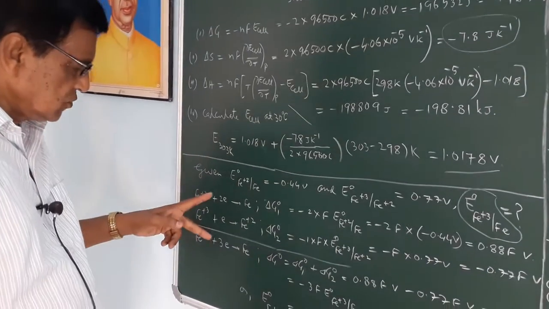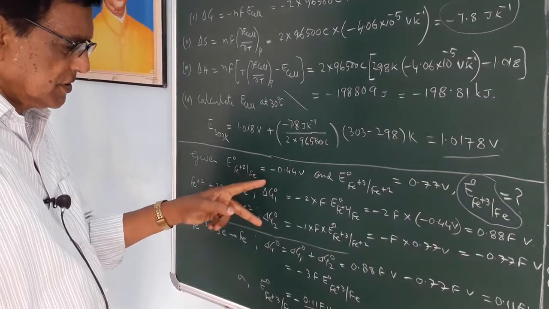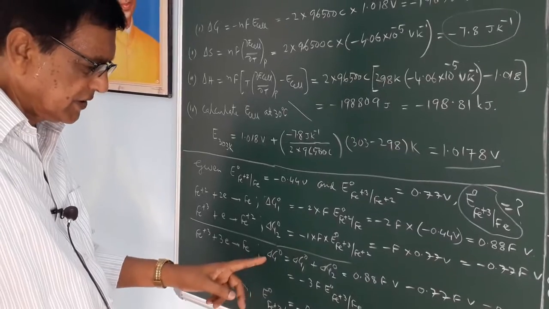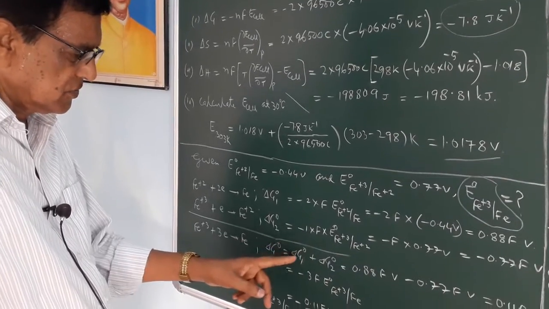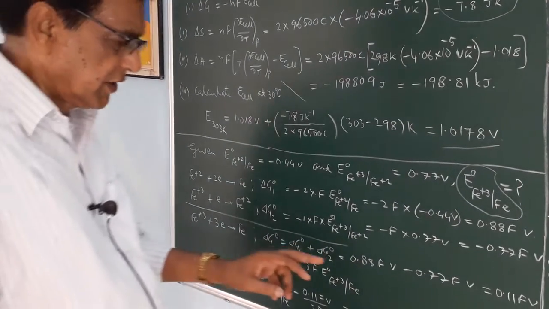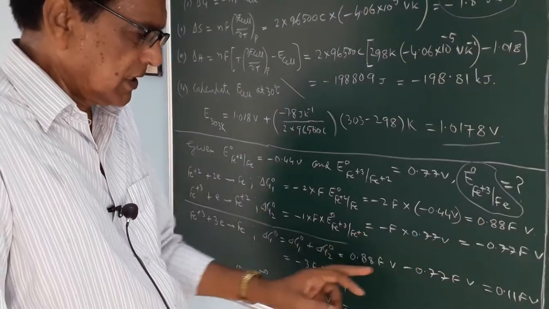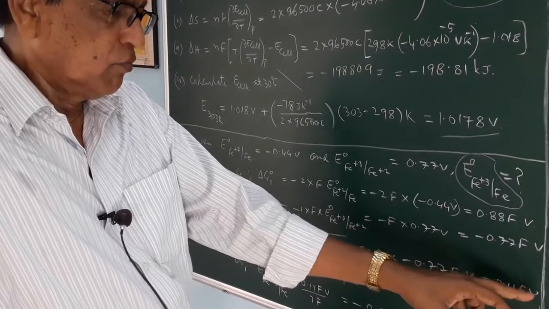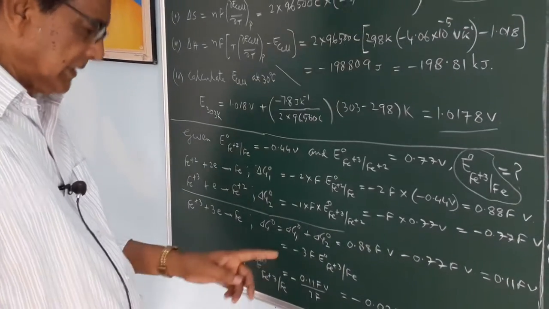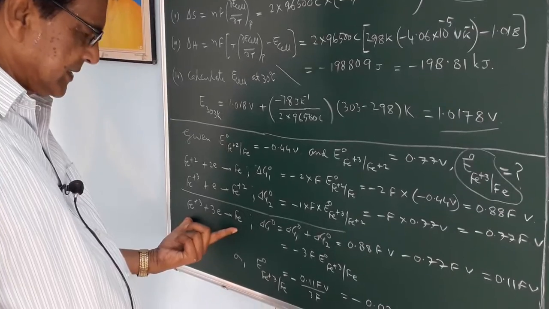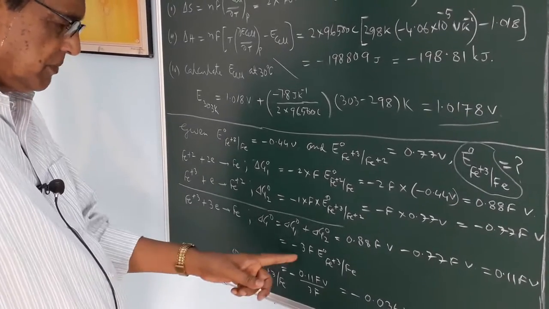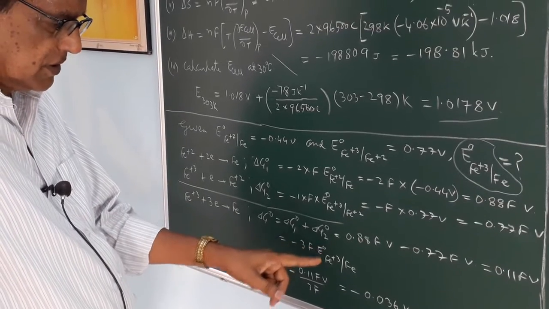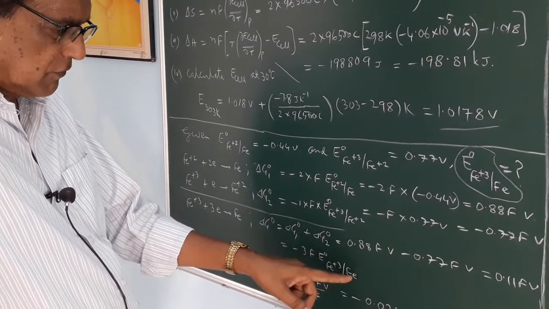So when these two are added, the free energy changes for the two electrode reactions are added up: delta G naught of this one plus this one gives minus 0.11 F volt. For the overall reaction, the free energy change will be minus 3F times E naught of ferric to Fe.